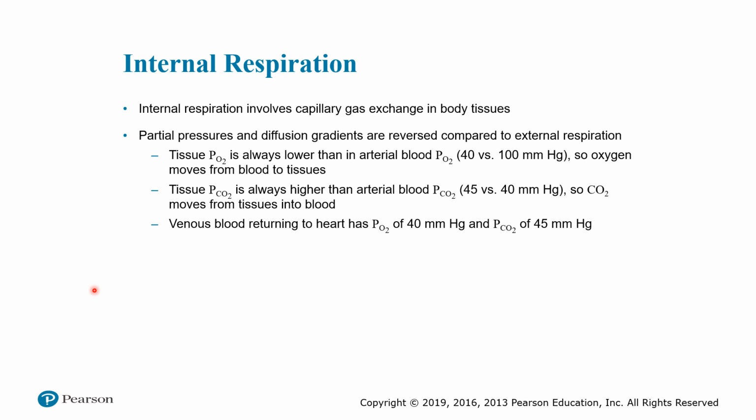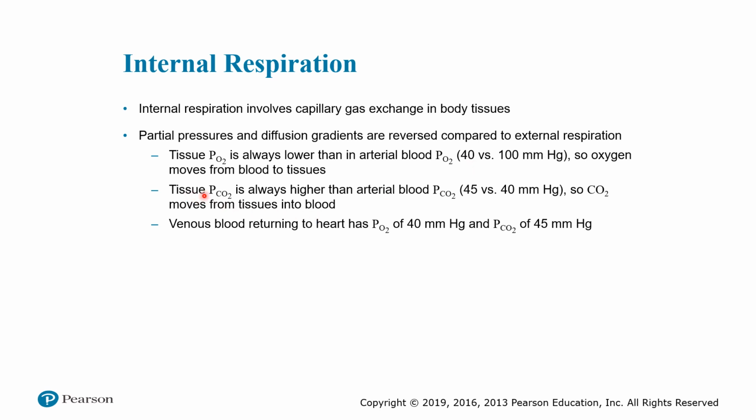So the partial pressure of tissue oxygen is always lower than the arterial oxygen, right? The oxygen in the tissues is 40, and that coming in the arterial blood is 100. Remember, our blood got oxygenated in the lungs. So this is oxygenated blood, and the partial pressure of oxygen in the oxygenated blood is 100 millimeters Hg, whereas in the tissue, it is the same as in the venous blood, 40.